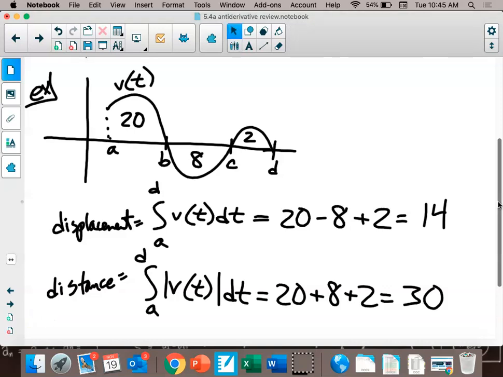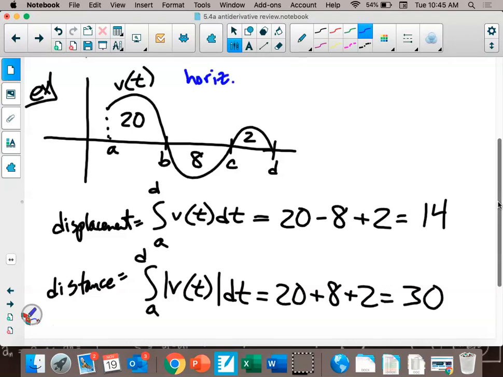Velocity determines direction. When velocity is positive, you're moving forward, up, or right, depending on how the problem is presented. When velocity is negative, you are moving backward, down, or left. So for this problem, let's say it's horizontal motion, measured in feet, like feet per second for velocity, but we're just going to call it feet for distance.